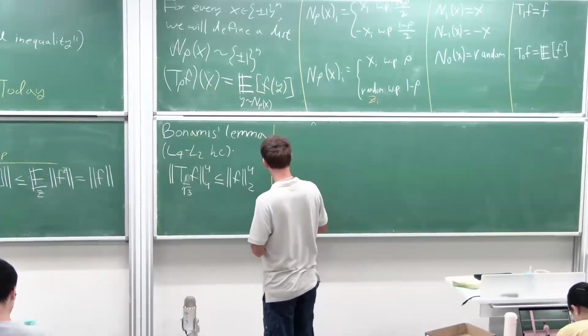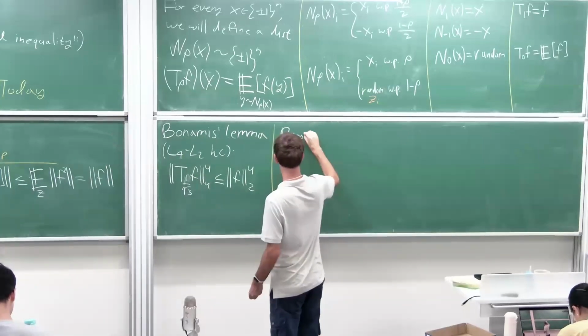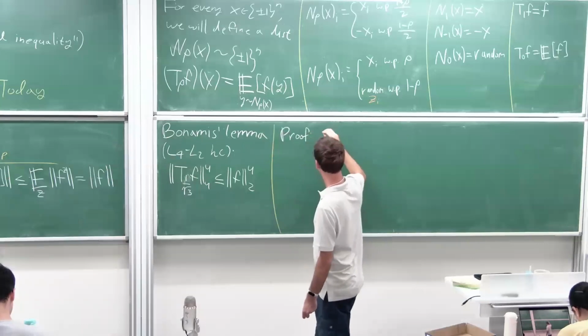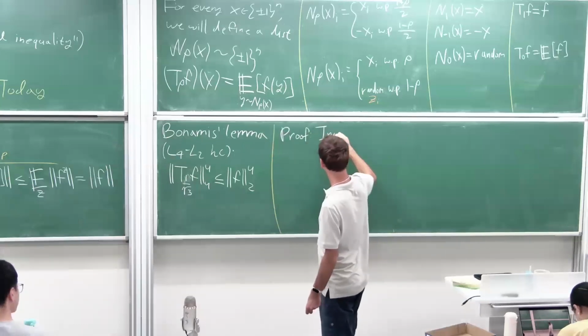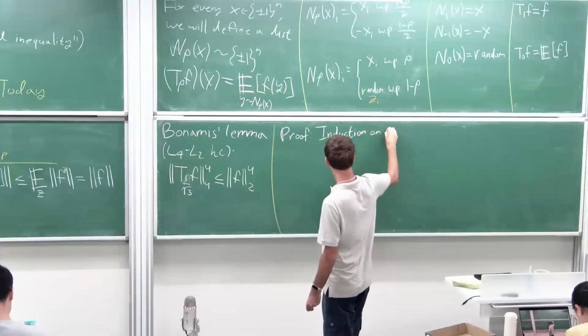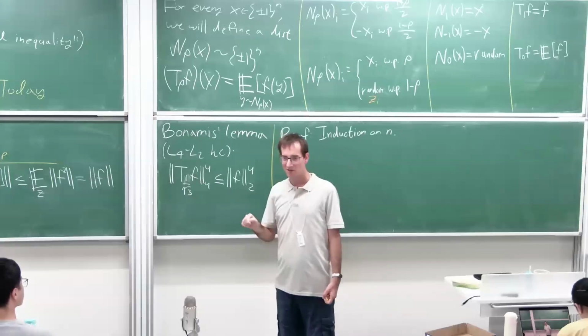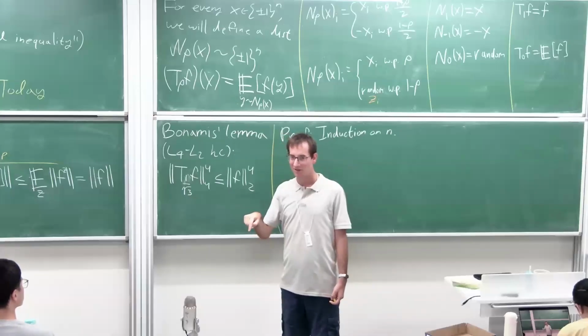So this is the proof. Let's see, the induction on n. There's at least one hypercontractive inequality where the induction is not on n, but on the degree of the function.